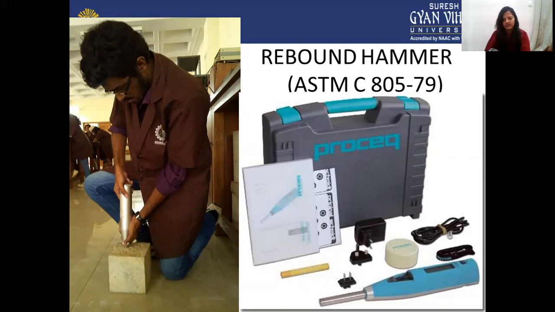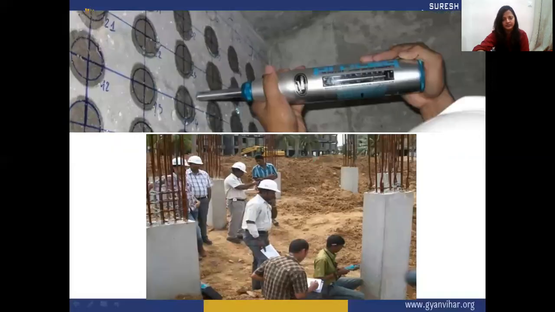And on the right side you can see all the equipment that comes along with the rebound hammer. The green conical handheld device that you can see is a rebound hammer, which is usually used for determining the surface stiffness.